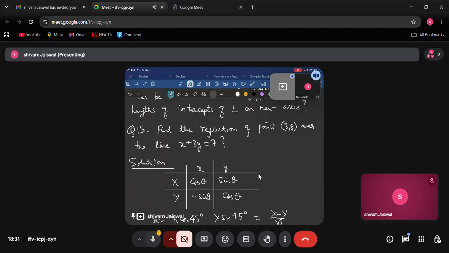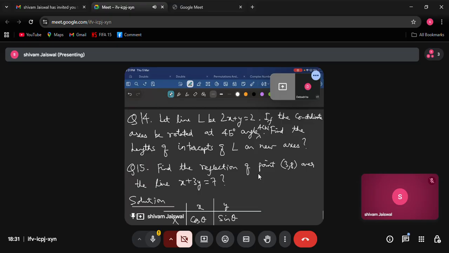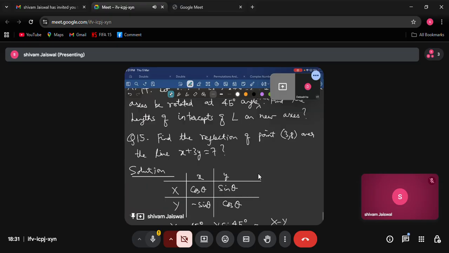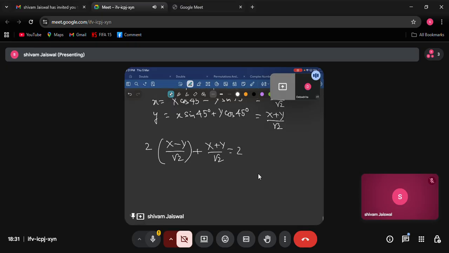So let us transform the equation. So 2 into (X minus Y by root 2) plus (X plus Y by root 2) is equal to 2. So from here what are we getting?